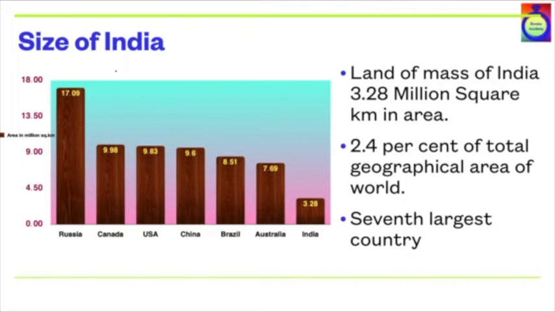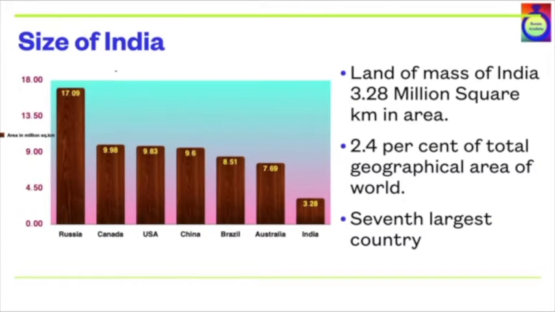Similarly, Canada, USA, China all approximately have 9 something million square kilometer area. Brazil's area is 8.5 million square kilometers. Similarly, Australia is 7.69 million square kilometer. India ranks 7th in area, with just 3.28 million square kilometer.